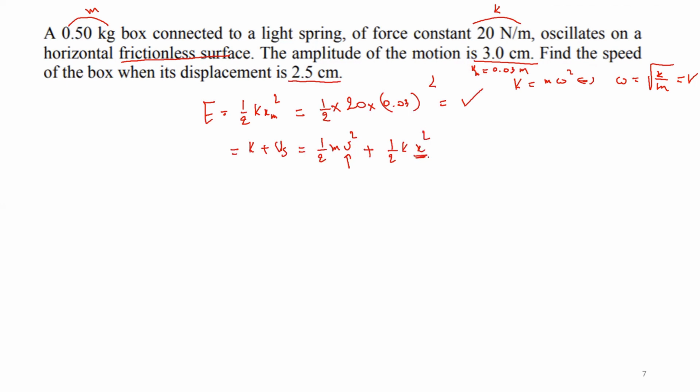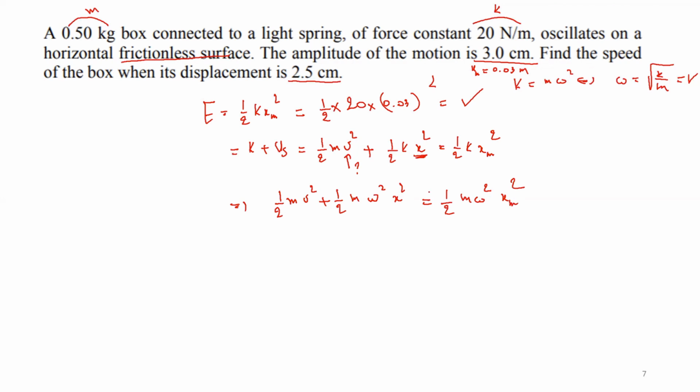I gave you the x, and I'm asking you what is v. And this is equal to 1/2 of K x max square. First, I will write K as m omega square. So I will have 1/2 m v square plus 1/2 m omega square x square is equal to 1/2 m omega square x max square.